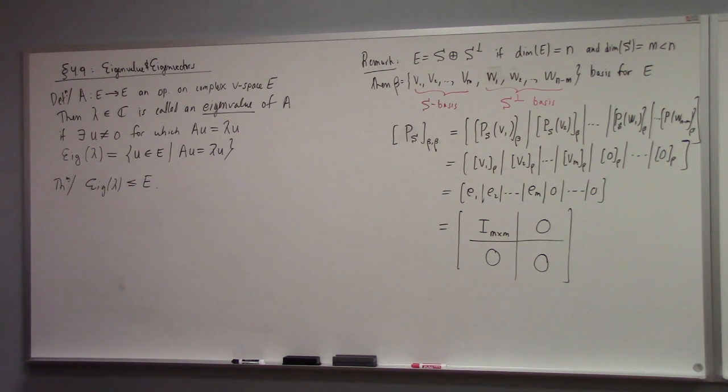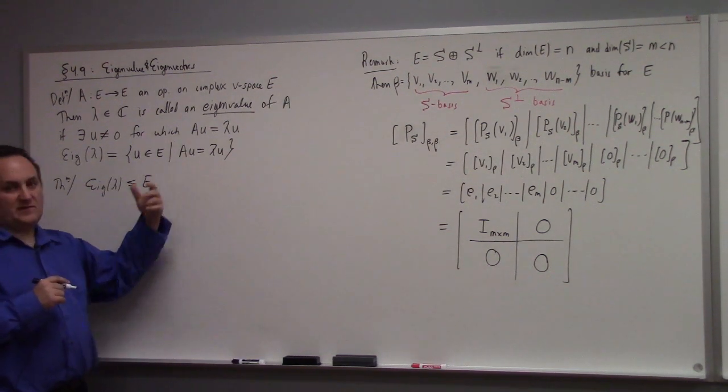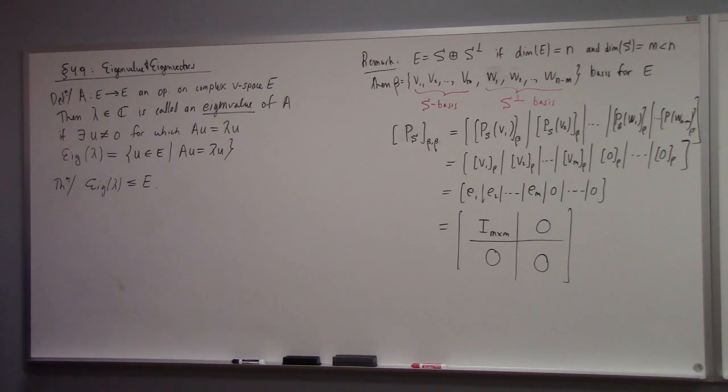See, if lambda is not an eigenvalue, what is the solution of Au equal to lambda u? There's always a solution. What can you make u equal to here and solve this equation? Oh, because we have 0. 0 is always there. So you always have 0 as a solution. It's just that if 0 is the only solution, then lambda is not an eigenvalue.